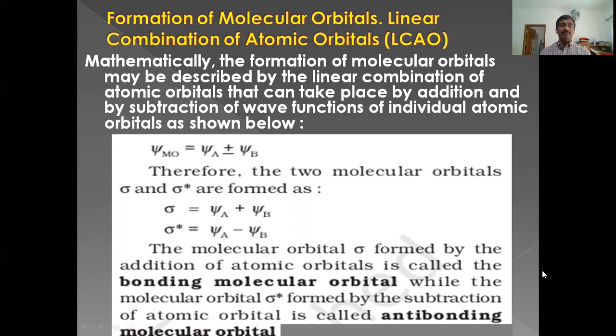Sigma star is equal to psi A minus psi B. The molecular orbital sigma formed by the addition of atomic orbitals is called the bonding molecular orbital, while the molecular orbital sigma star formed by the subtraction of atomic orbitals is called the antibonding molecular orbital. Already we mentioned it.